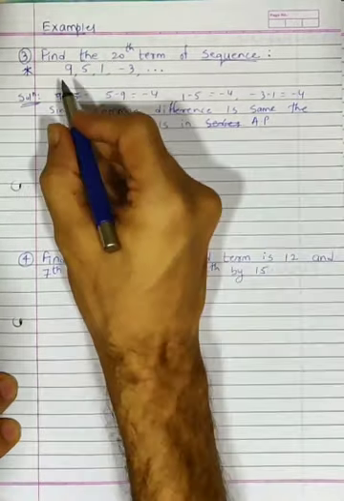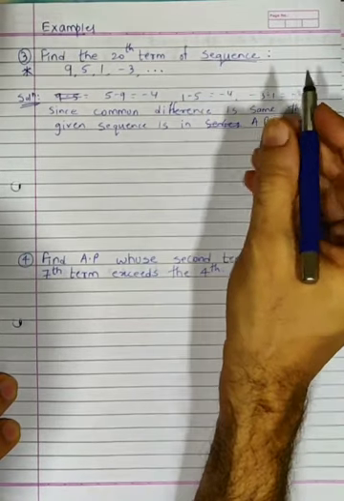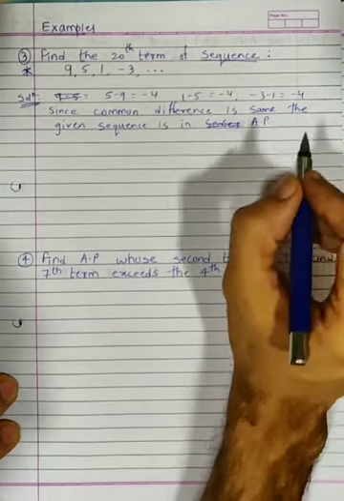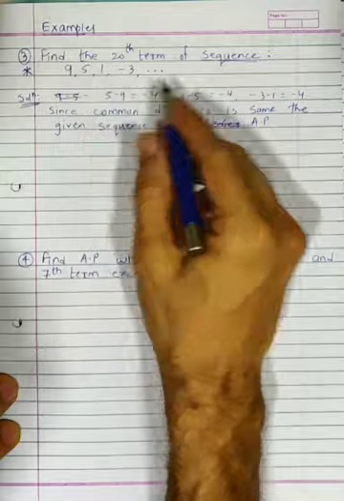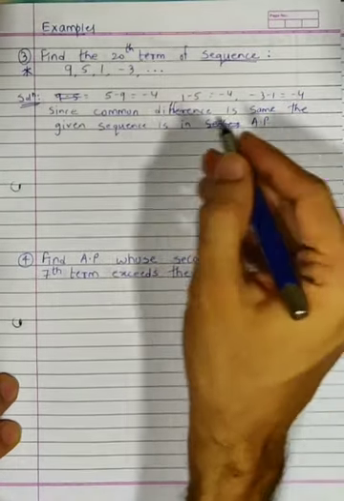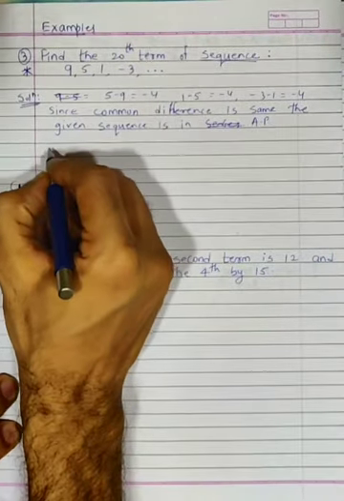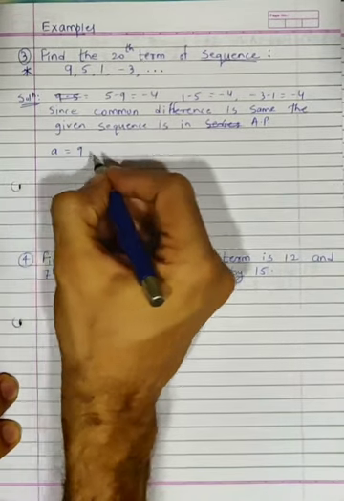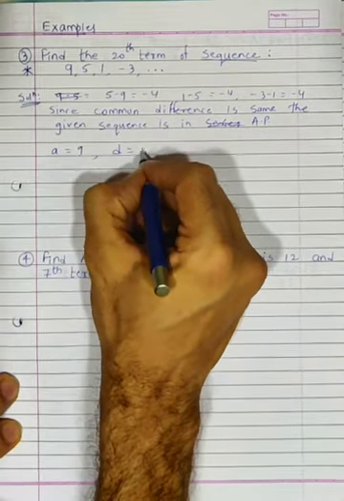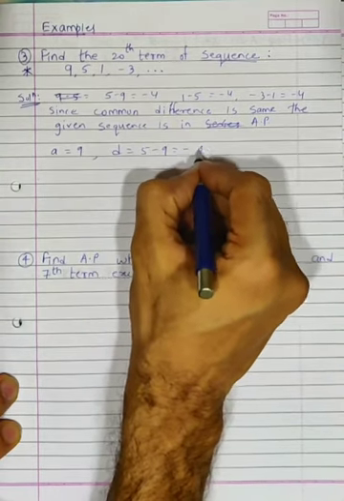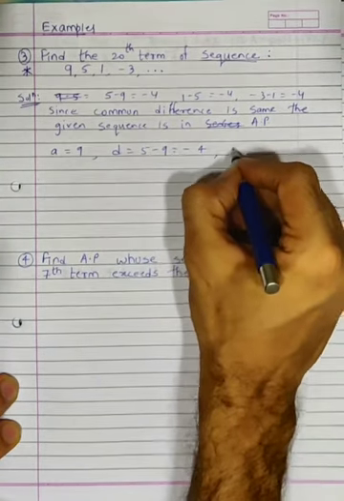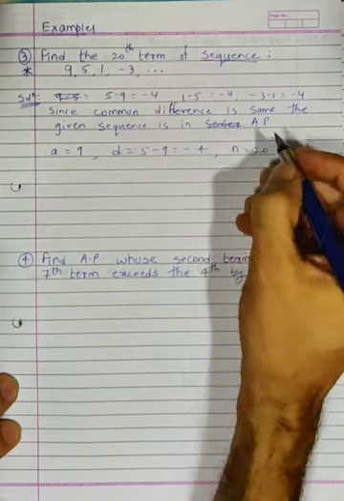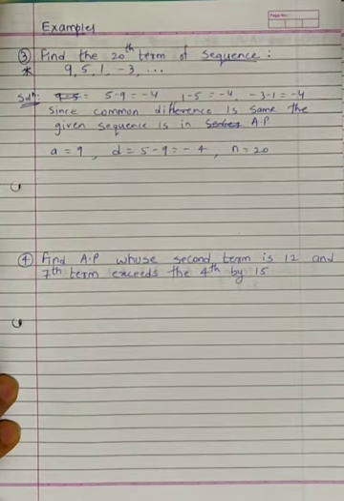Remember, whenever it is not given that they are in AP, you will have to first prove they are in AP. You cannot just consider that they are in AP and start solving. Now looking at this problem, what is a equal to? 9. The common difference is equal to 5 minus 9, which is minus 4. Which term are they asking you to find? The 20th term, so n is equal to 20.